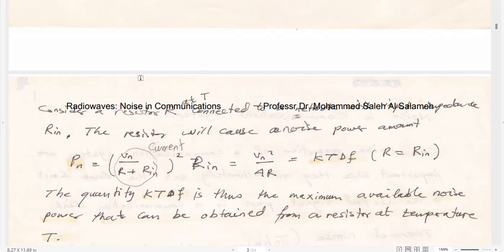Now consider a resistor connected to a network with an input impedance. This is the resistor, and that's the network.